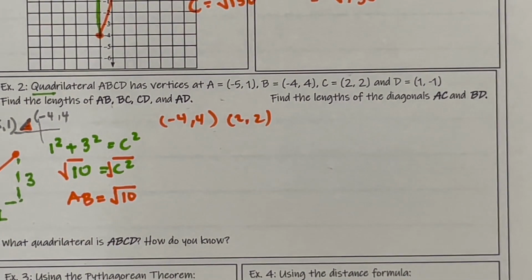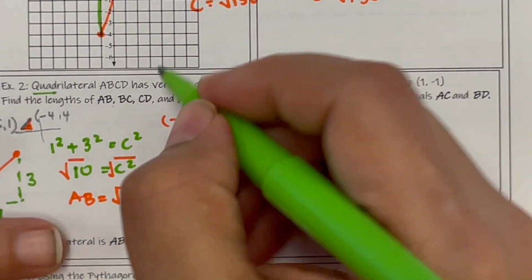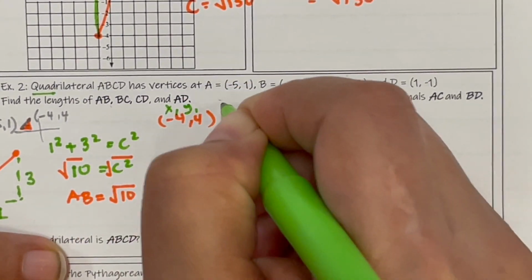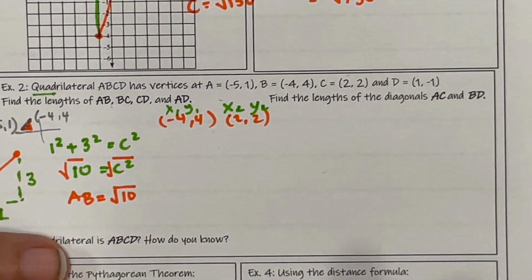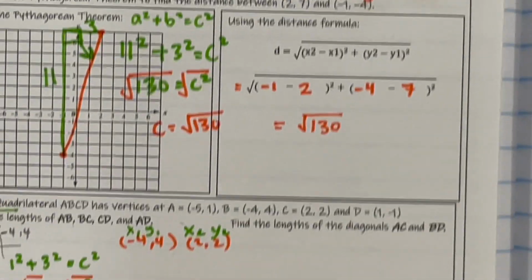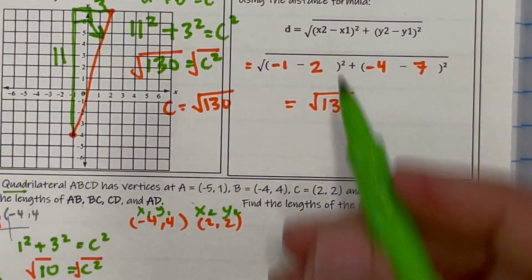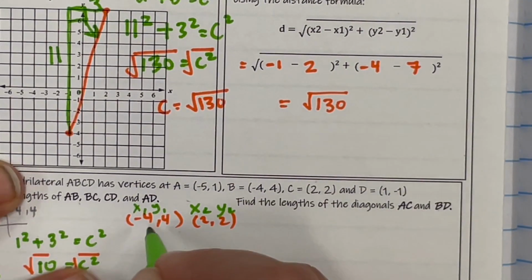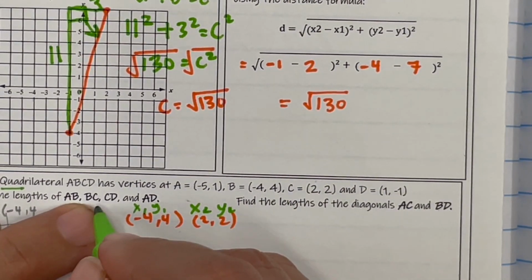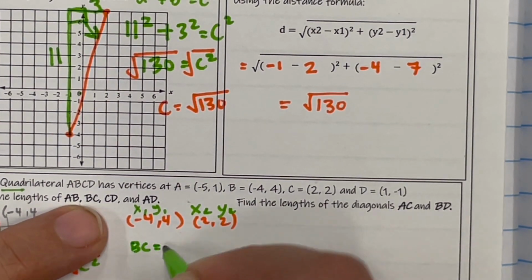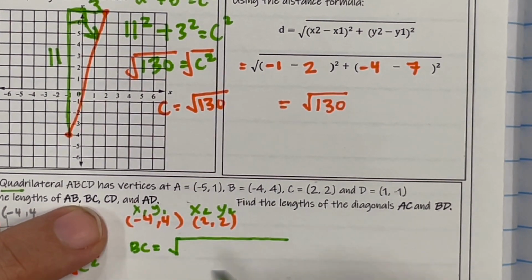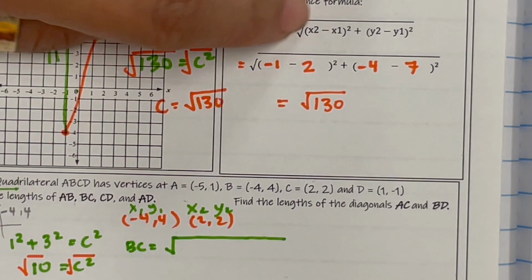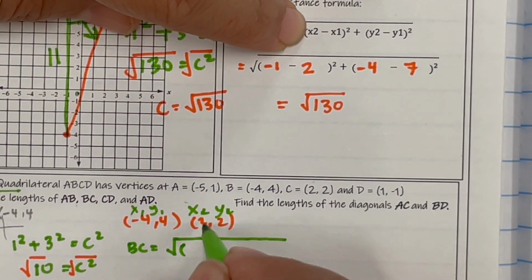All right, again, if you're using distance formula, what are you going to do? You're going to label x1, y1, x2, y2, and you're plugging right into this equation, okay? So let me zoom out so we can still see it. So this is BC. So BC is the square root. Maybe this is actually less writing. BC is the square root of x2. So what's the second x? 2.